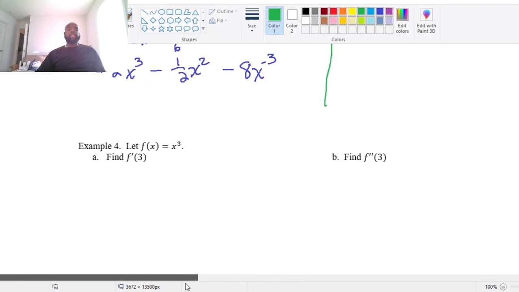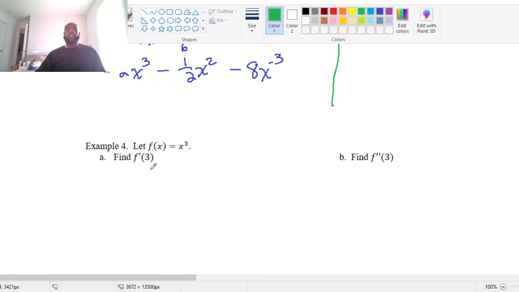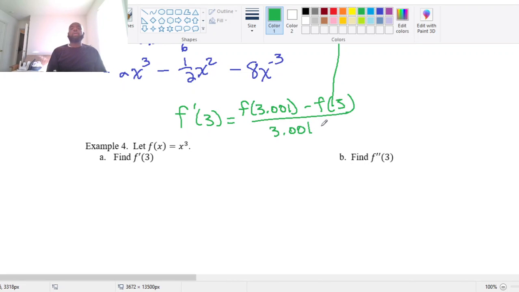In addition to doing these, now we can evaluate our derivative at a point. Before, if I asked you to do f prime of 3, you would do f of 3.001 minus f of 3 over 3.001 minus 3, right? Well, we no longer have to do that anymore. What we can do is first find f prime of x, right?